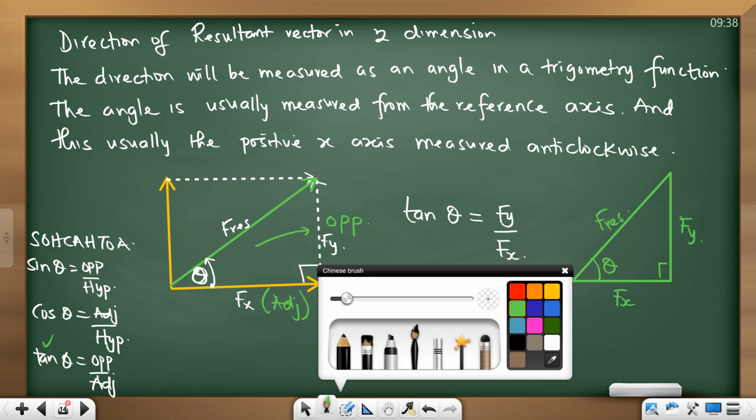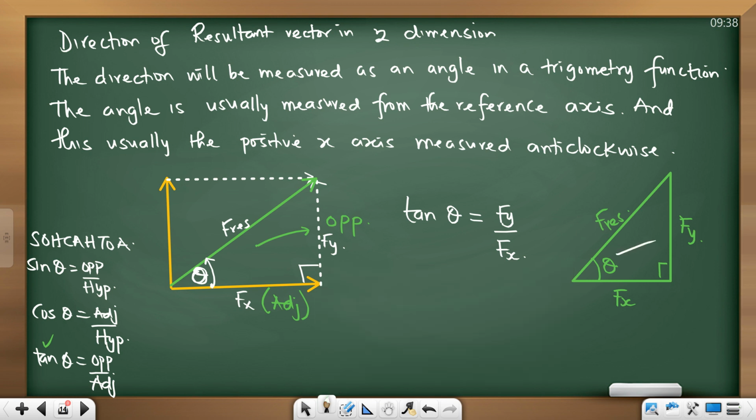The side that is opposite the angle is called opposite. The side facing our angle 90 is called the hypotenuse. And the side next to the angle is called adjacent. Now we have opposite, we have adjacent.